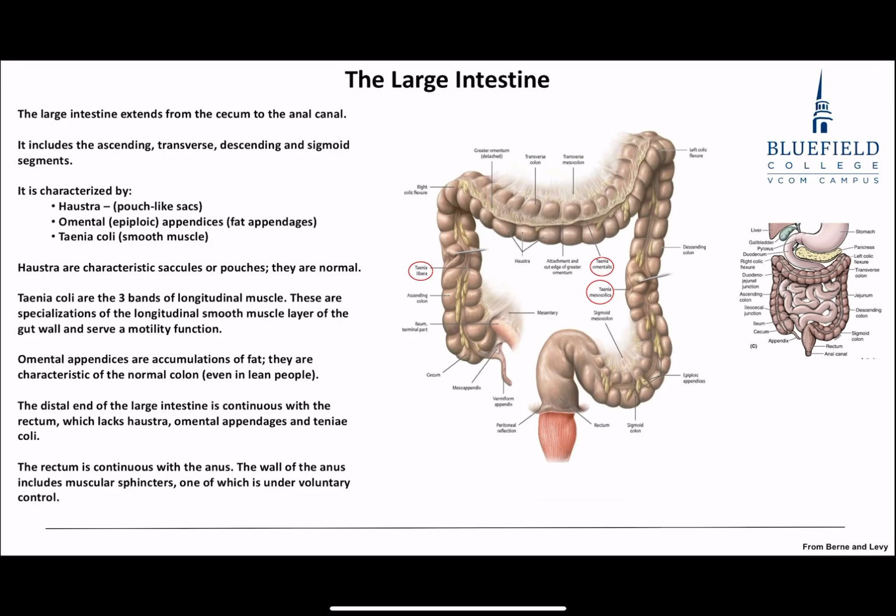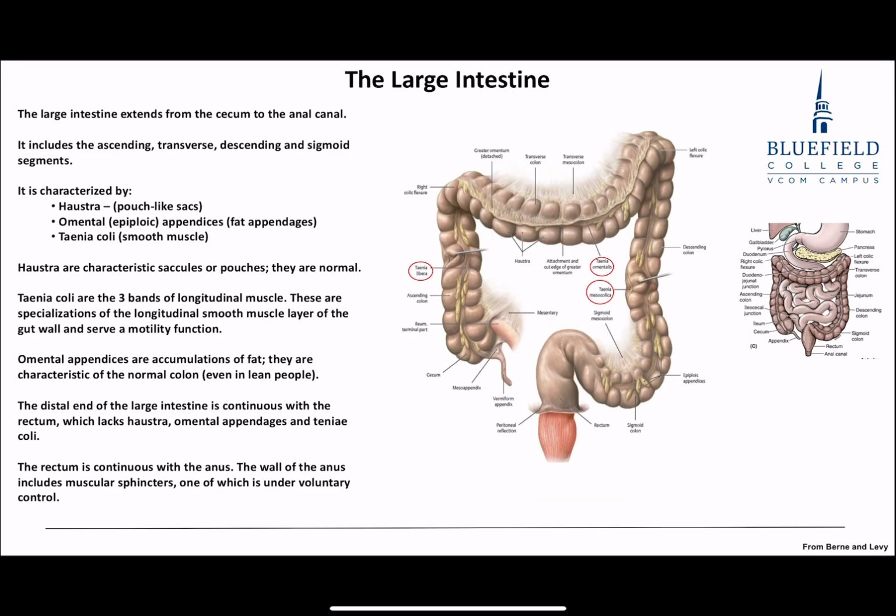The innermost layer includes a circular arrangement of smooth muscle cells, and then just outside of that, there's smooth muscle arranged in a longitudinal fashion. So you have an inner circular and an outer longitudinal layer.